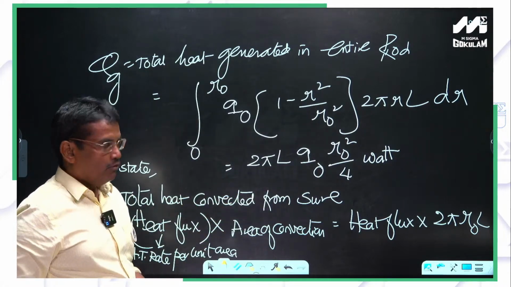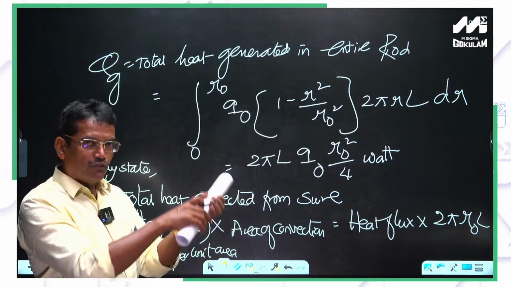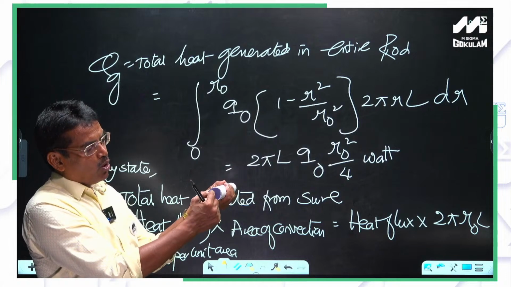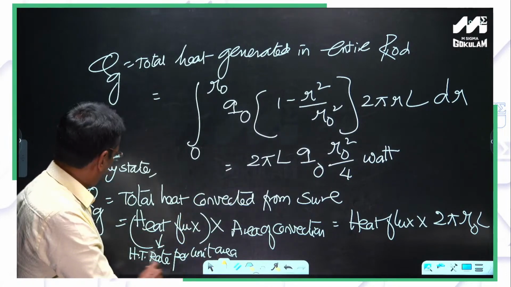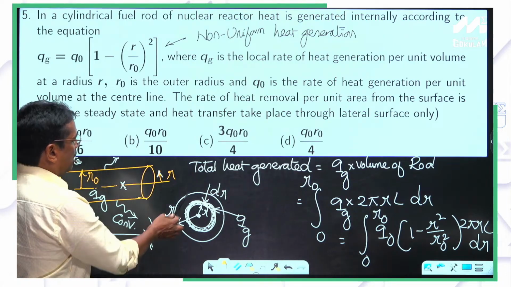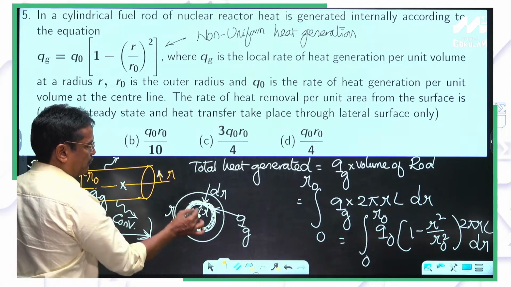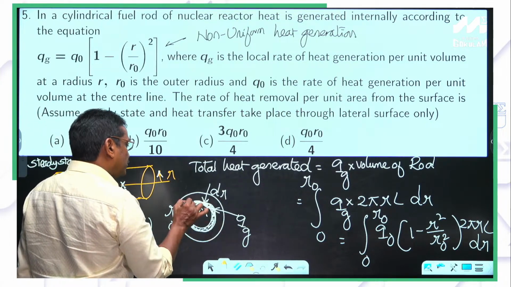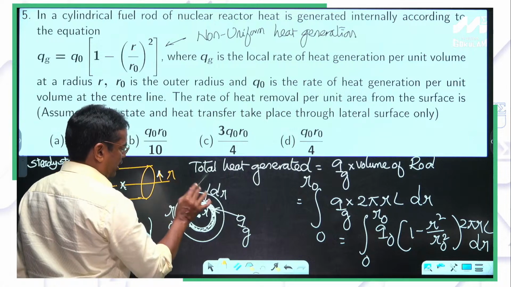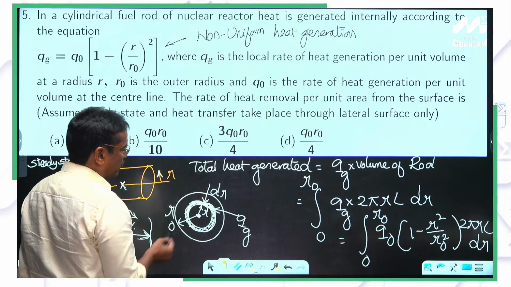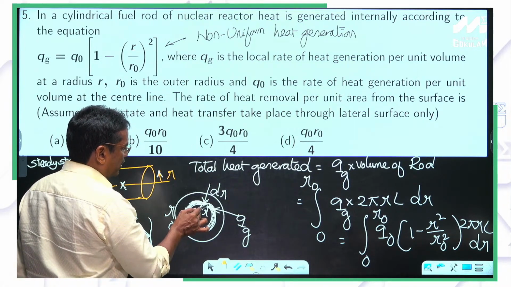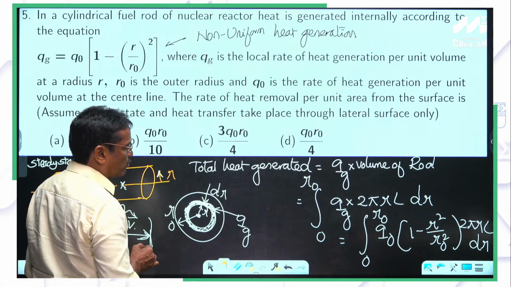So first, if this is a cylindrical rod, I took a small differential control volume of elemental increment in length. For that, what is the heat generated?